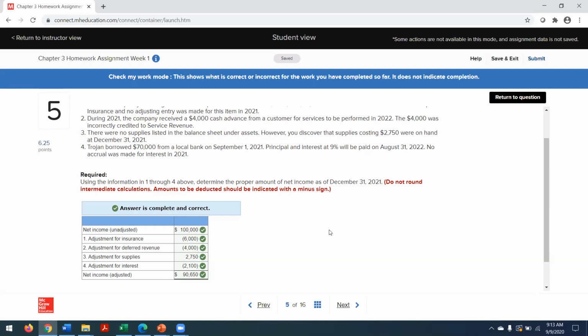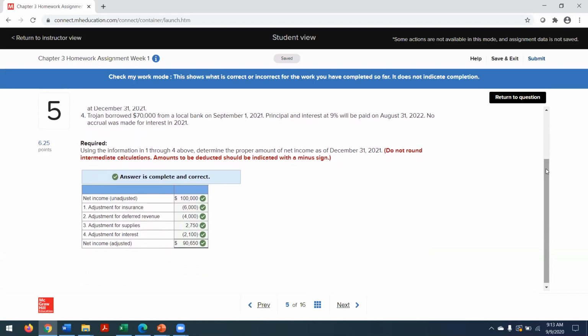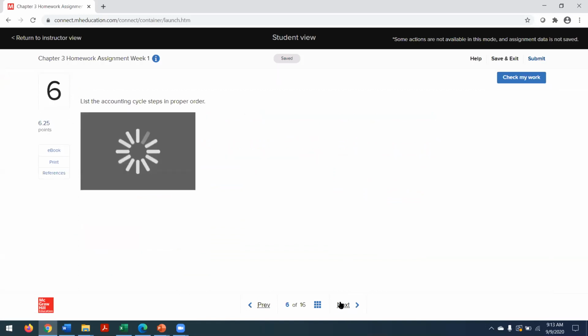We owe this bank. We don't owe it until the next year, but we have incurred an expense this year that won't get paid until next year.